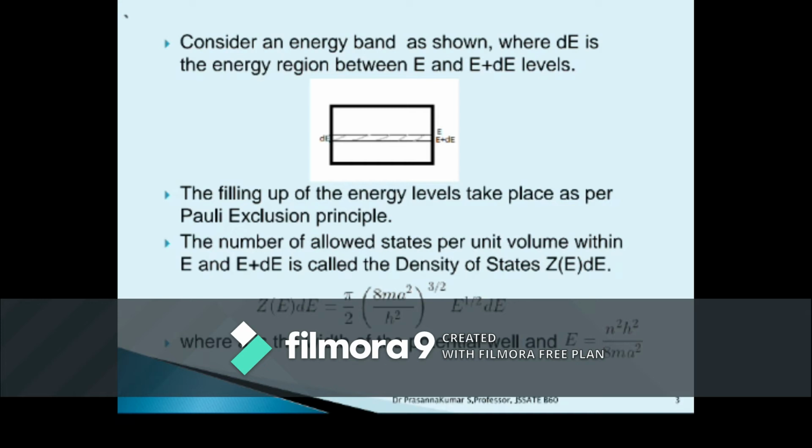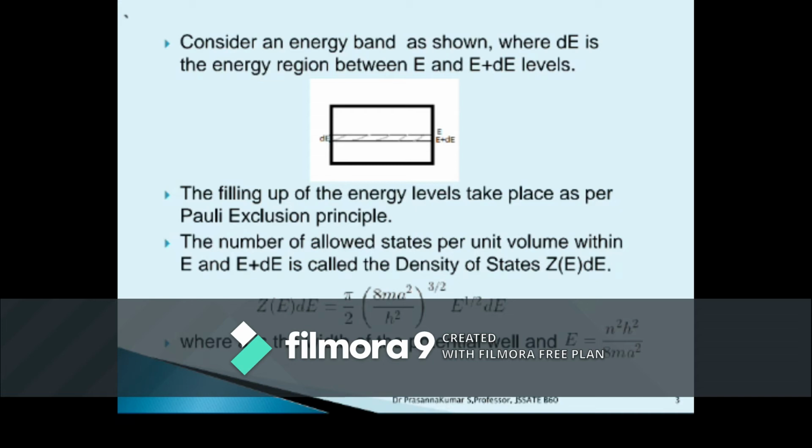Now you know that the filling up of electrons starts from the bottommost level according to Pauli's exclusion principle, and it keeps on filling up. I have chosen only the range E and E plus dE. I am looking at the shaded region. Within that region, how many electrons are present? That is N of E dE, which represents some practical value.